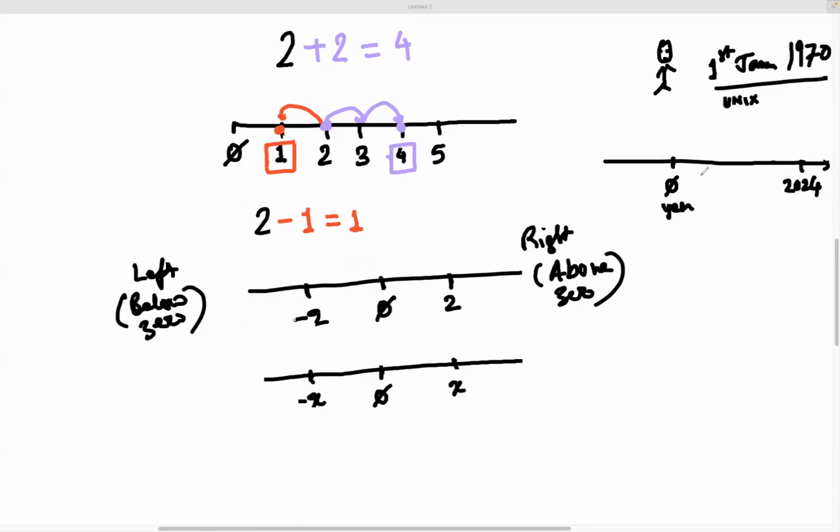Then if we think of this as 0, we would say it would be those many nanoseconds or time elapsed since the beginning of time, which is for the person 1970, since the birth.